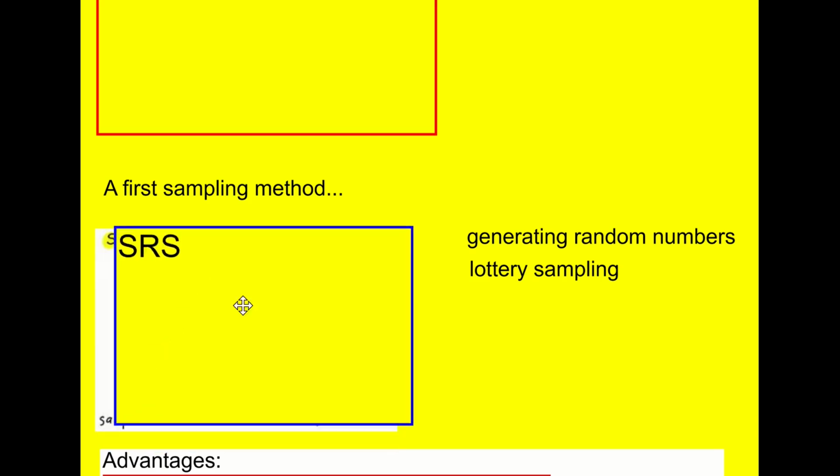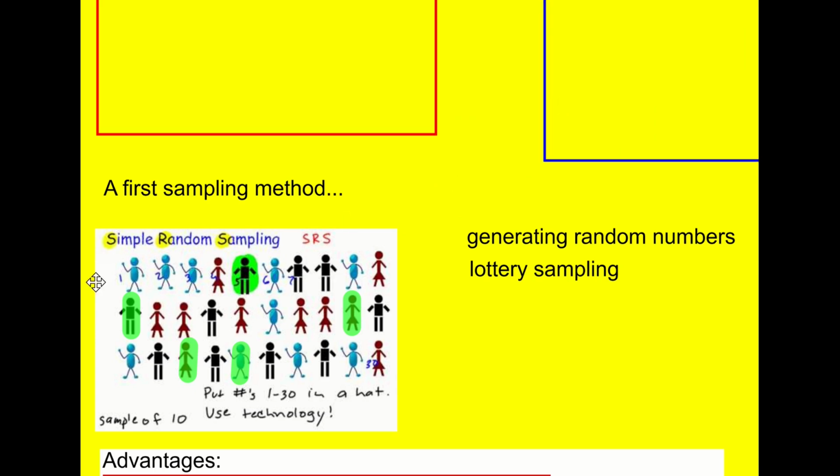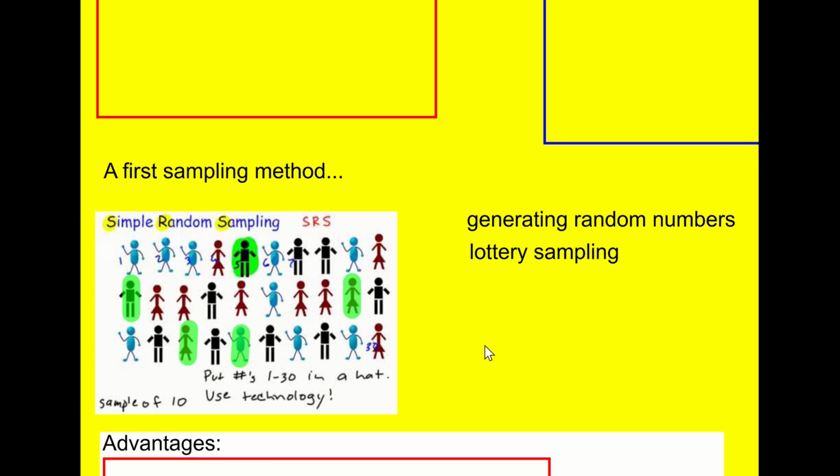What this is: you have your population. In this case, I've got people, men, women, and I presume children. What we're going to do for simple random sampling is one of two things.